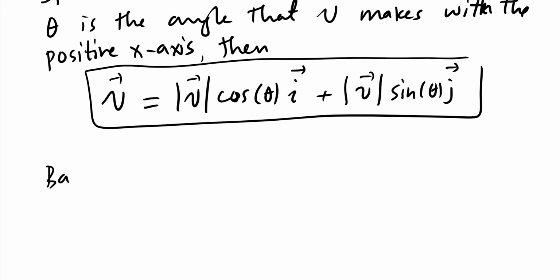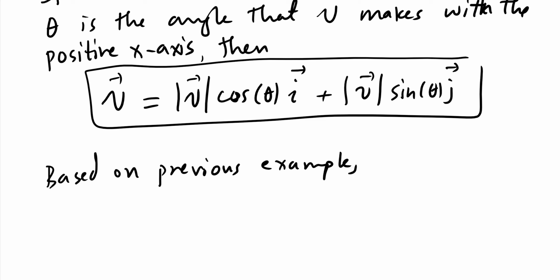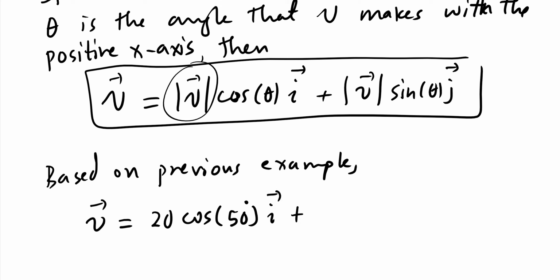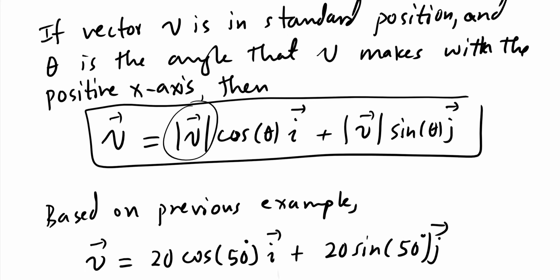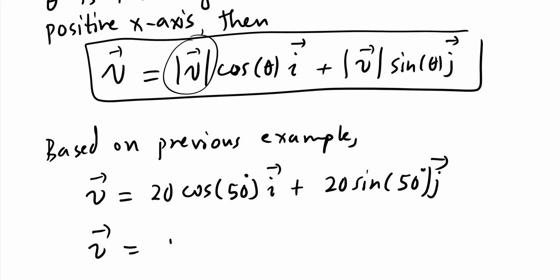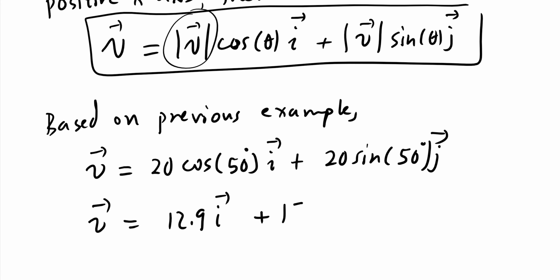So based on the previous example, to write v in terms of i and j, the magnitude of the vector was 20 cosine 50 degrees i plus 20 again sine 50 degrees j. And if we put this in the calculator, this was calculated as 12.9 i, and the other one was calculated as 15.3 j.